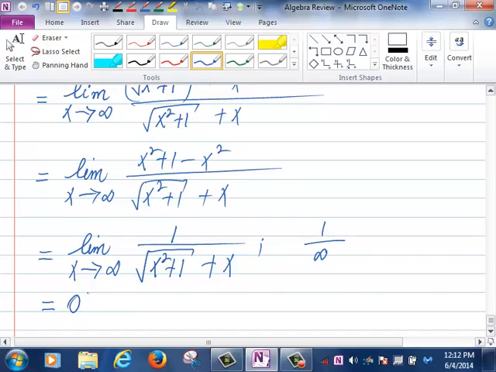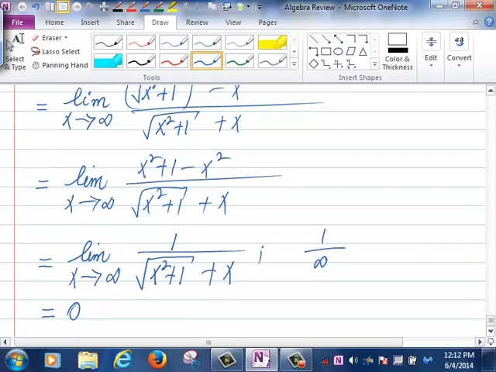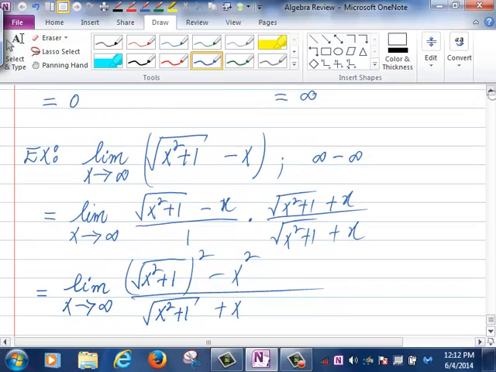Oh yeah. So we needed to find the limit of this difference, right? So what we are doing is we are rationalizing this guy. In order to rationalize, I'll be multiplying and dividing by the conjugate. So the conjugate of this guy is the root of x squared plus 1 plus x.